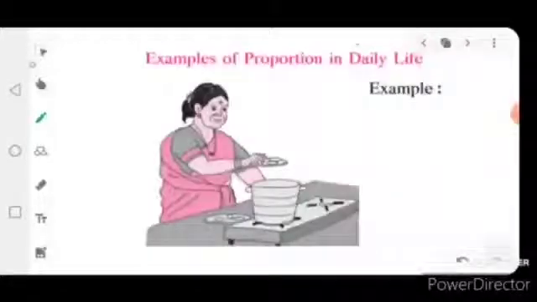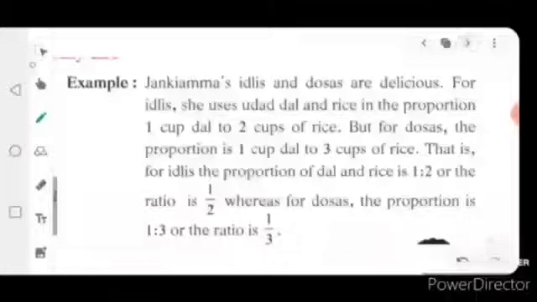Now students, examples of proportion in daily life. Here one lady is making idlis and dosas. The name of that lady is Janki Amma. Janki Amma's idlis and dosas are delicious.